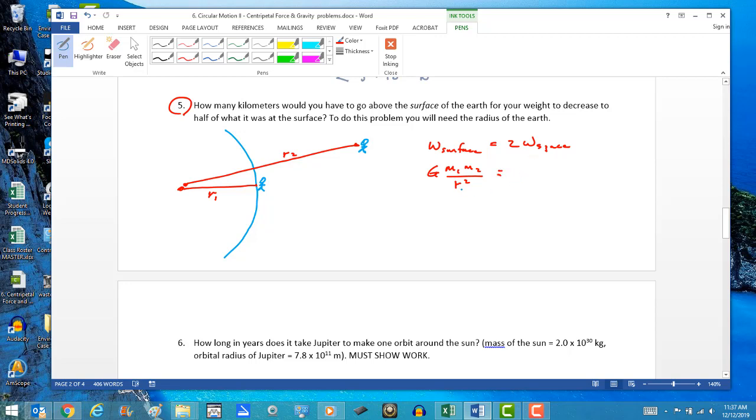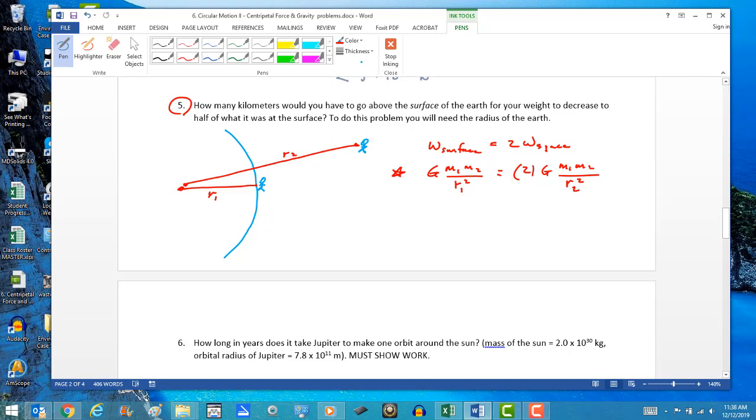This actually is R1 squared. And that's got to be 2 times G, M1, M2, divided by R2 squared. And so that would be the next step right there.